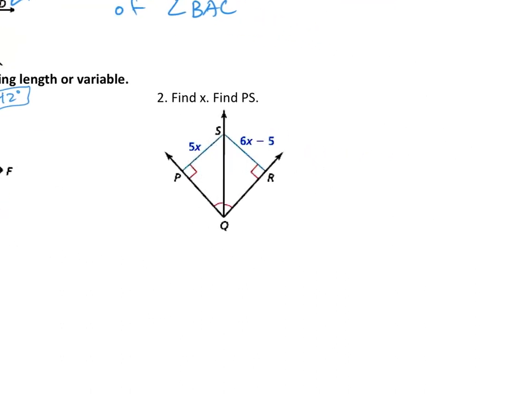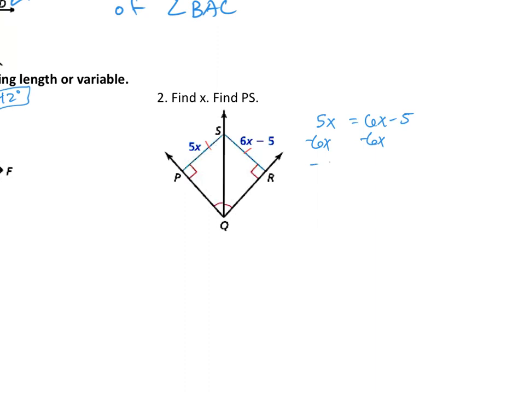Let's see here. Number 2, they want us to find X and find PS. So once again, these two have to be congruent. So we just got to set them equal and solve. So 5x must equal 6x minus 5. I am going to do something different that I don't normally do. I'm going to subtract this 6x first.